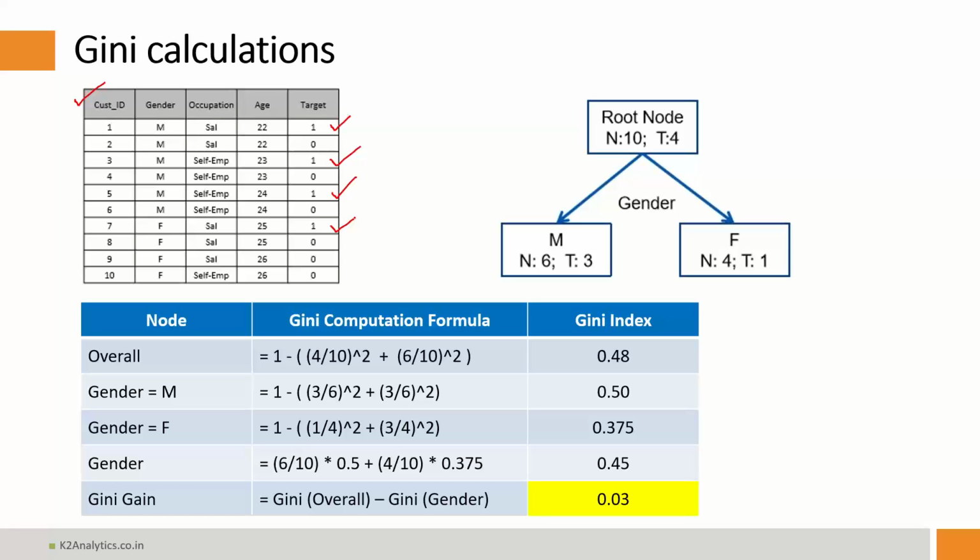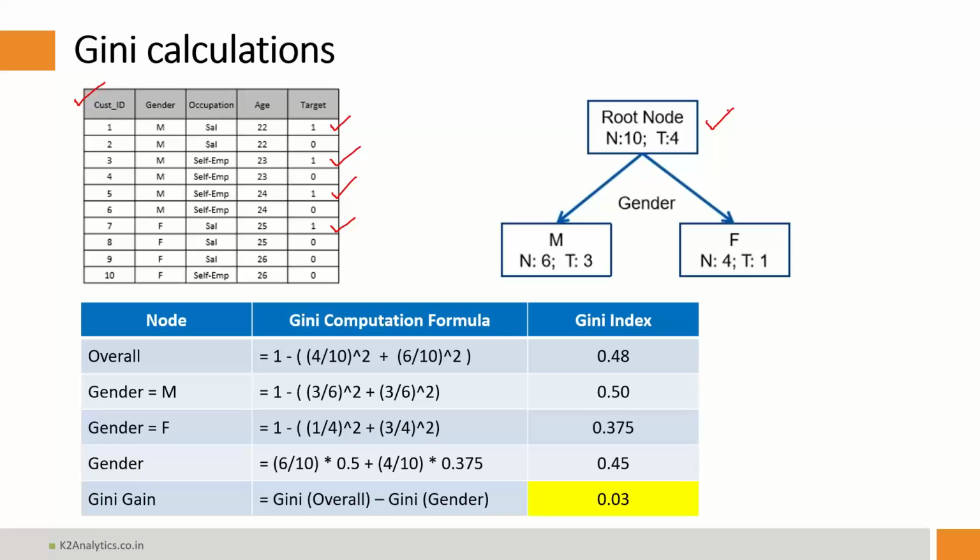All those calculations will be done automatically by the system. The reason why we are understanding the manual method of calculation is to better appreciate the technique. That is the objective. So let's take the example and first compute the Gini of the root node, with the assumption that the root node will be split by the gender variable. So let's focus on the root node.